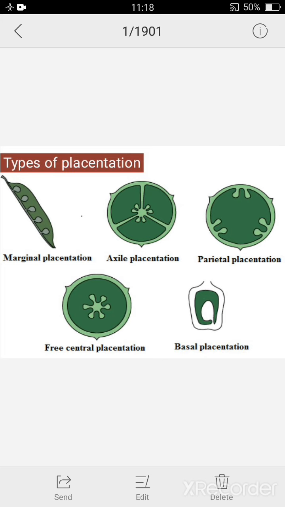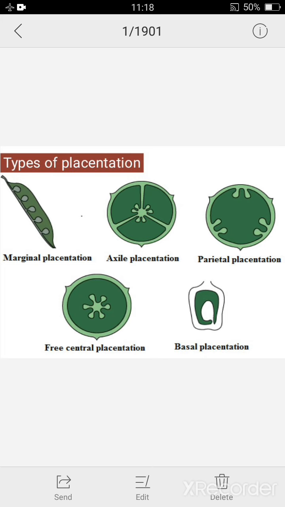Please make a note of the examples. All Fabaceae family members, also named Leguminosae. What plants are included in this family? Like pea, garden pea, sweet beans, broad beans, etc. In all of these we can see marginal placentation.